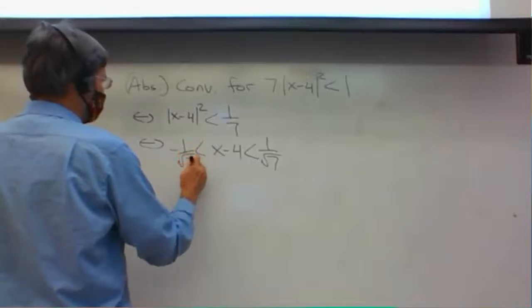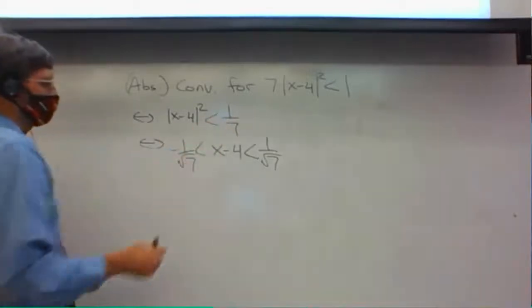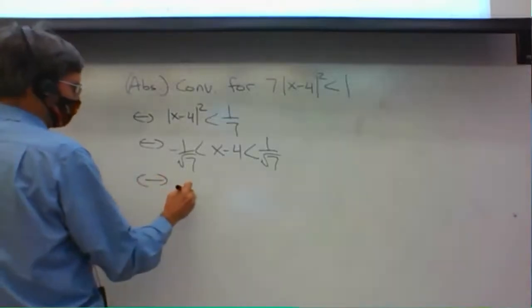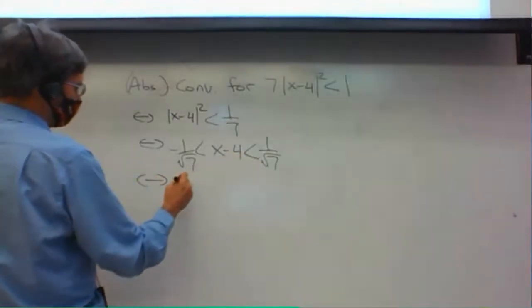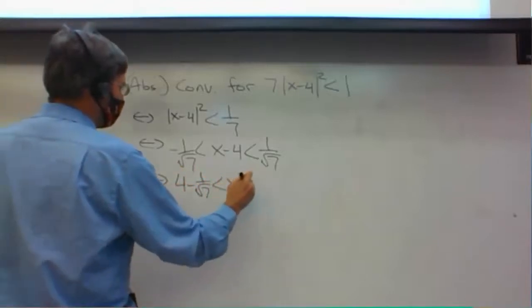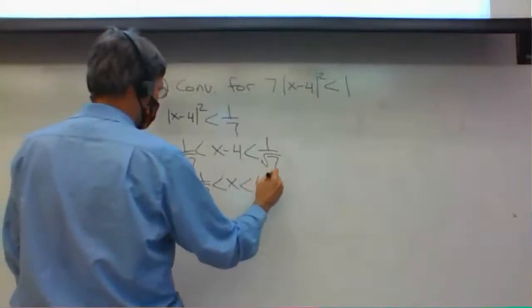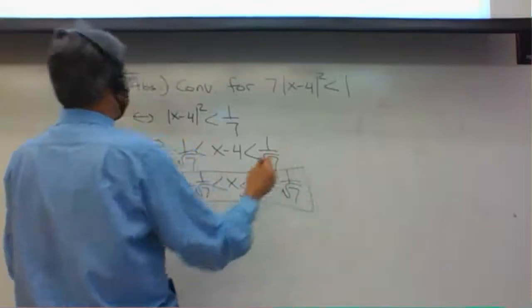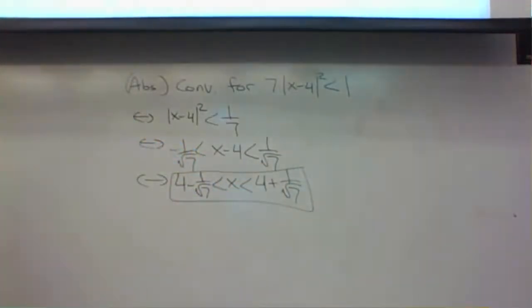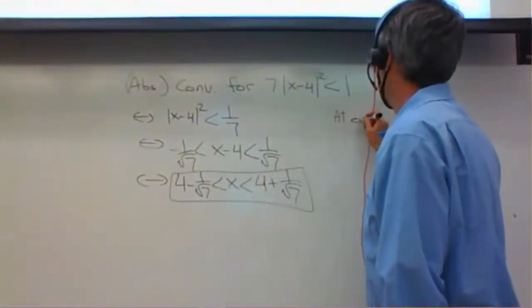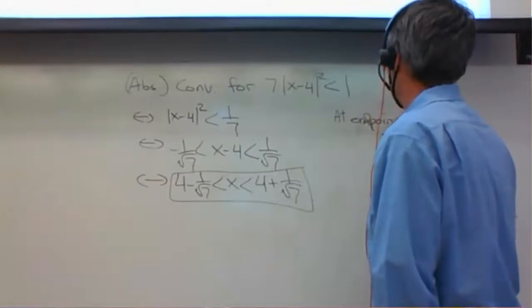So I'll take the square root of both sides and say they can be plus or minus then. X minus 4 has to be between these two. And therefore, adding 4 through, I get 4 minus 1 over square root 7 less than x less than 4 plus 1 over square root 7. So I get absolute convergence on that interval. Then I can check the endpoints separately. I don't actually need to check the endpoints on this one. At the endpoints, how do I know it diverges automatically?